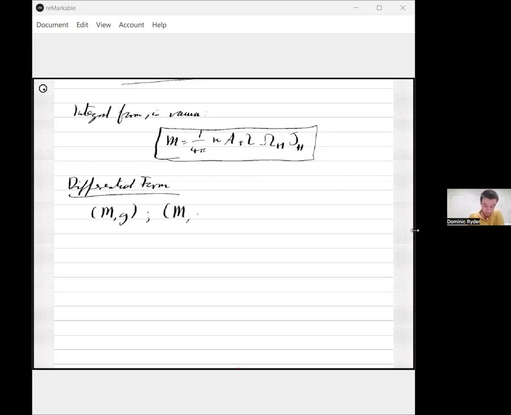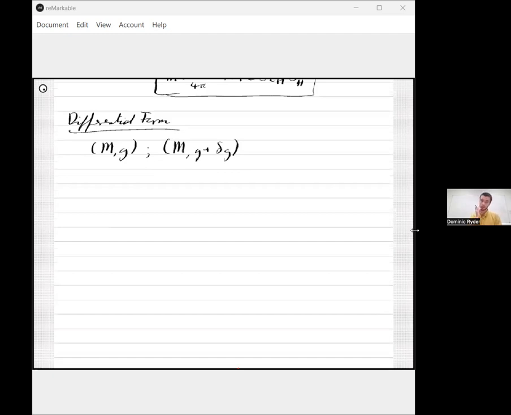Okay, we're going to have two spacetimes, M g and M g plus delta g, where delta g is some perturbation. We define a tensor h_ab as the inverse perturbation metric.